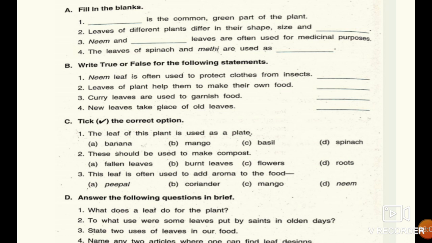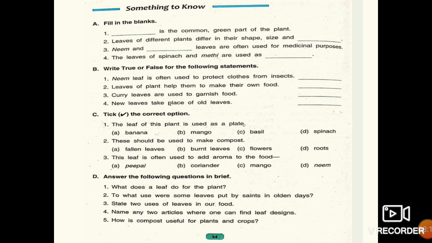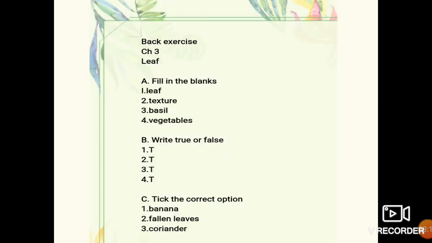Answer is coriander. Today we will do only objective type questions, that is A, B and C of back exercises. I am also providing you answers of these ABC. You can see in this picture: fill in the blanks, write true or false and tick the correct option. These are the answers for ABC.